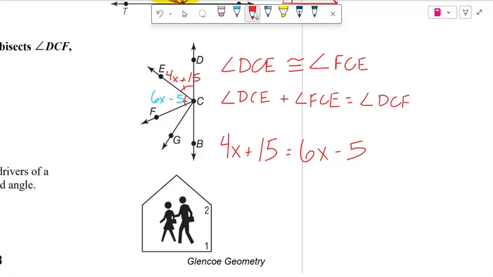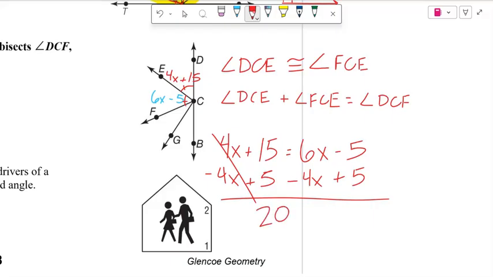We've got to be able to understand what the problem is telling us and get to this point, setting it up correctly. Okay, so I'm going to subtract 4x from both sides, and I'm going to add 5 to both sides. And we'll get 20 equals 2x, and x equals, divide by 2, 10.